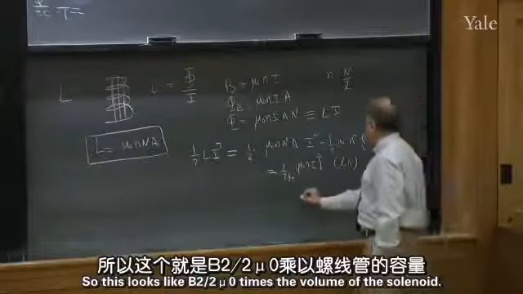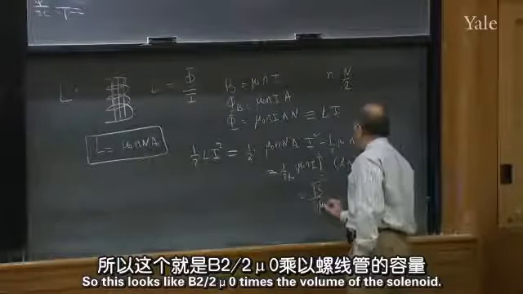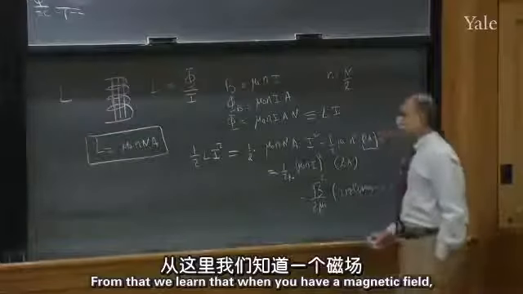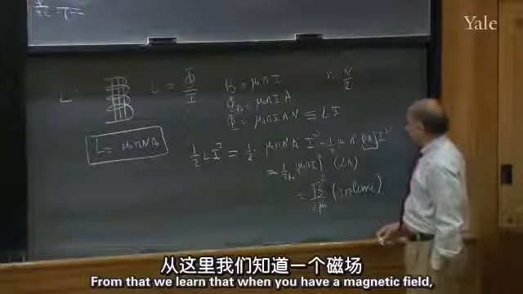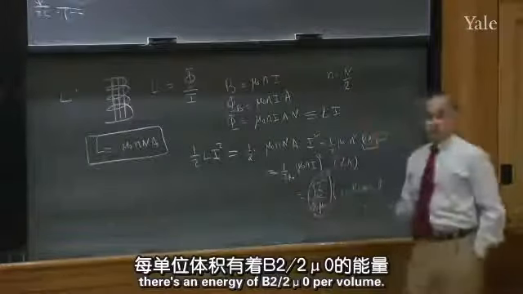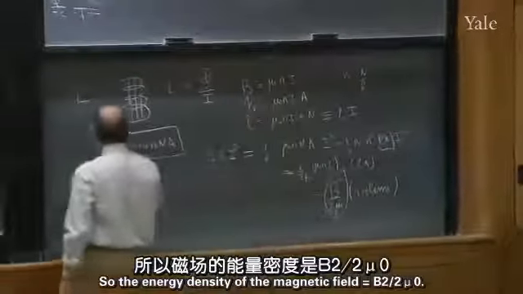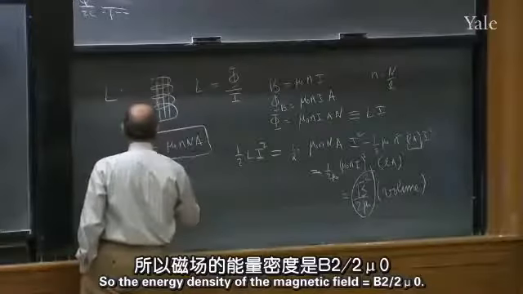So this looks like B squared over 2 mu 0 times the volume of the solenoid. From that we learn that when you have a magnetic field, the energy is B squared over 2 mu 0 per volume. So the energy density of the magnetic field is equal to B squared over 2 mu 0.